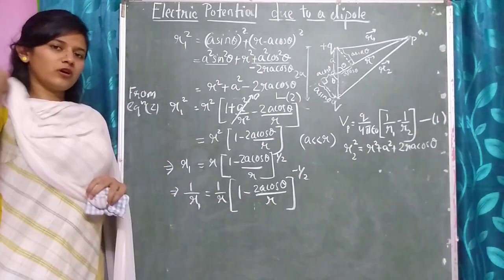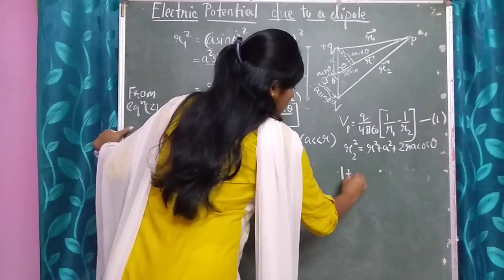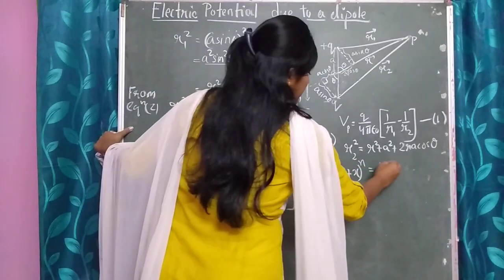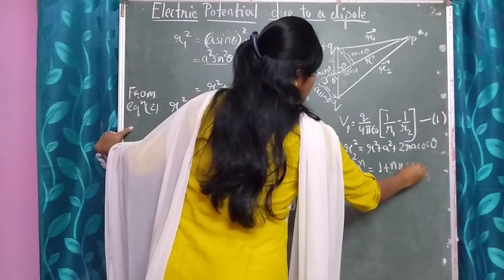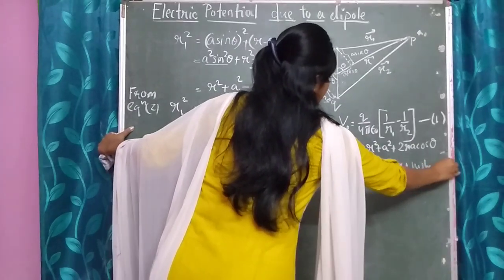Now let us use the binomial expansion, that is (1 plus x) to the power n is 1 plus nx plus higher order terms of x.